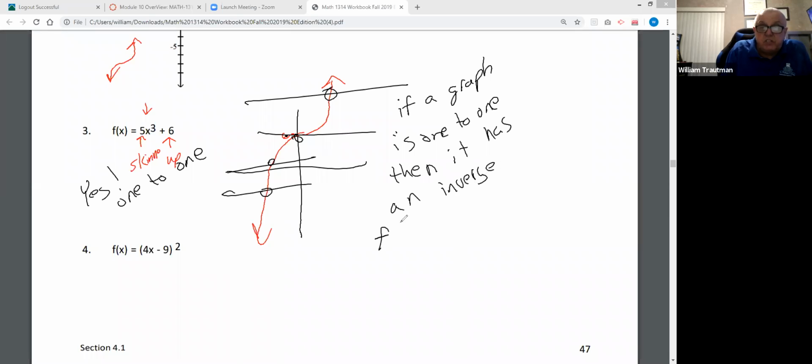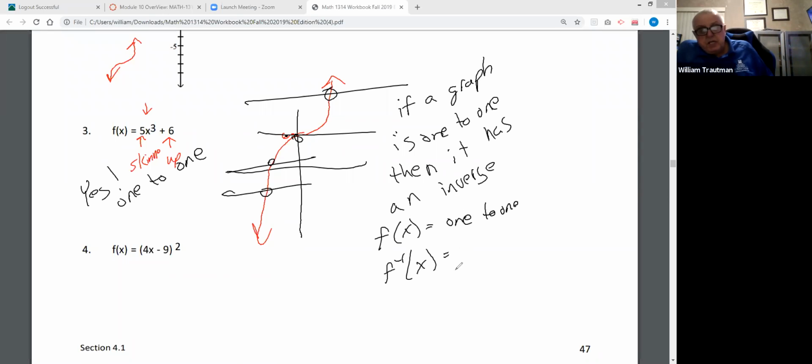In other words, if this function is 1 to 1, then we know it has an inverse graph, an inverse function. Okay, so we know that. So number 3, yes, that is 1 to 1 because we did the horizontal line test.